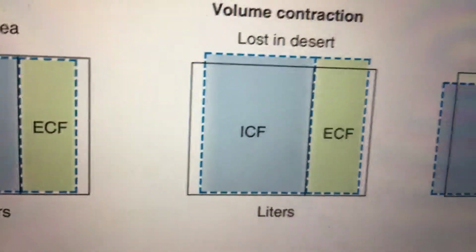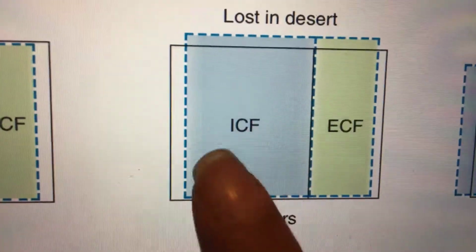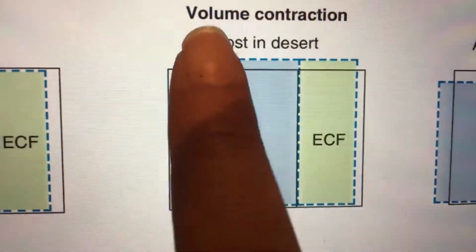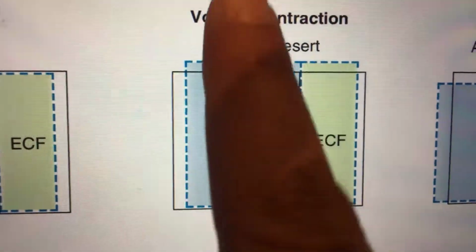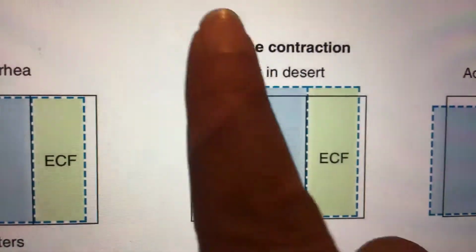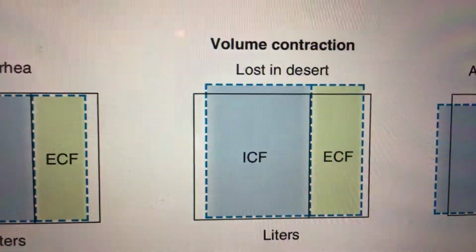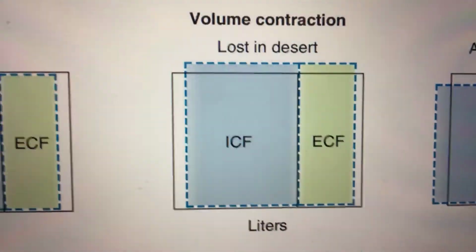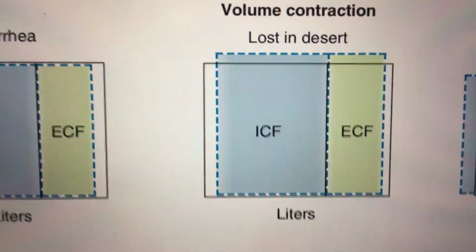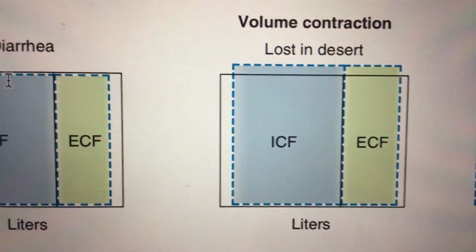Now let's talk about being lost in the desert. Now look at the green lines, this is some sort of hyperosmotic contraction. Okay, this is hyperosmotic contraction. You're definitely losing water. I'm assuming this is losing water through sweat. Why? Losing water through sweat, you only lose water.